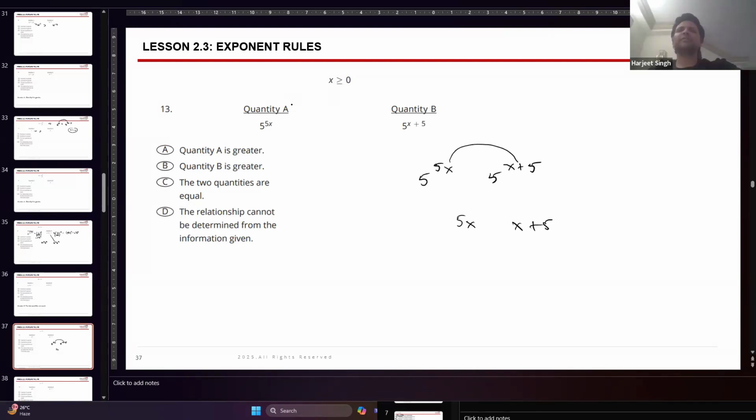So it's a relationship between 4x and 5, which means it's a relationship between x and 5 by 4, correct? So which one is higher, A or B?